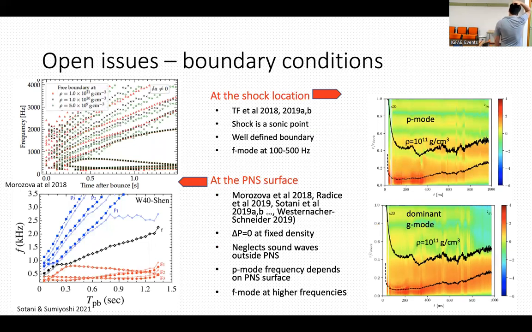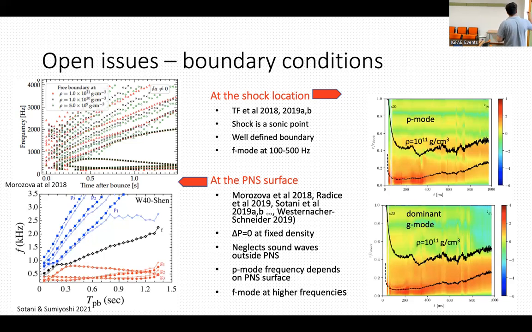The other open issue in the community, and the community is small because there are only three groups, but there are some issues, is where to put the boundary conditions. As it is an eigenvalue problem, you have to fix the boundary condition at the center and at the border. You can do it essentially in two ways. What we do is impose the boundary condition at the shock point, which is well defined.